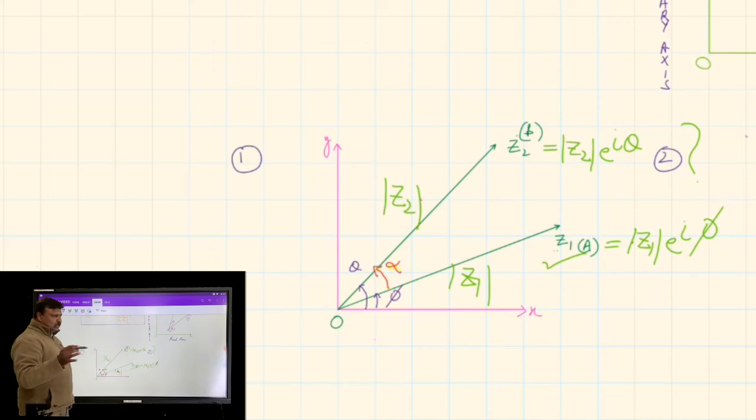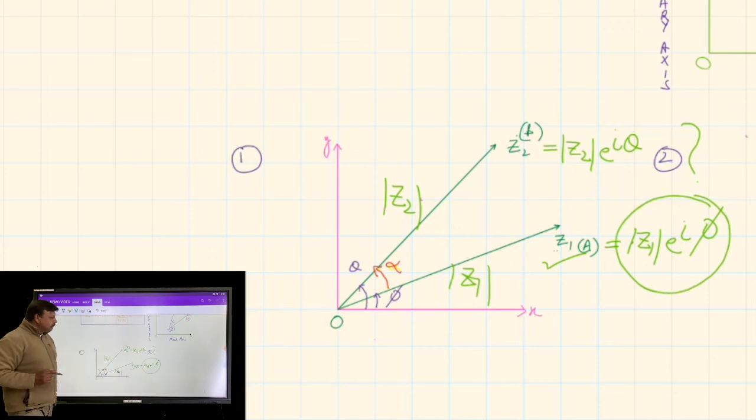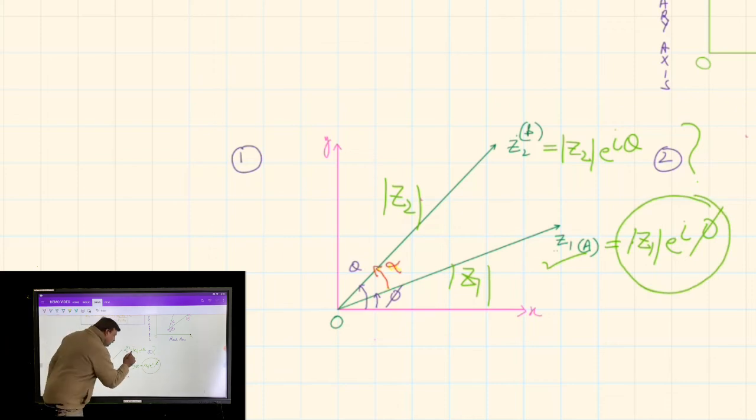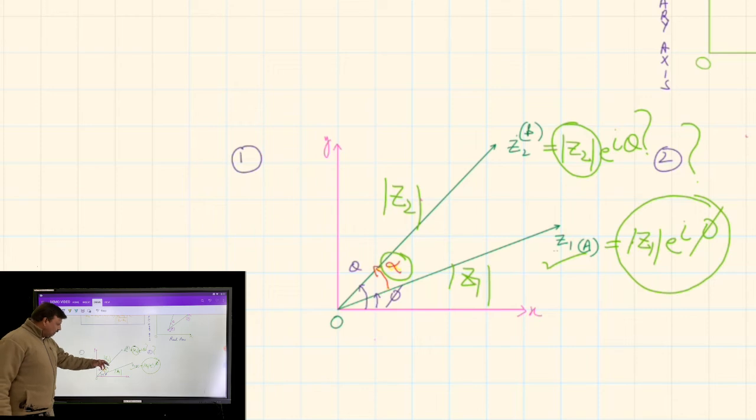Come again, sir, you have made us confused. Just once again. Z1 is completely known to us, okay, students? For Z2 only the modulus is known. This theta is not known. What other thing is known? That is alpha, how much angle it is making in the anti-clockwise direction with the Z1 vector. I hope you understand, students.